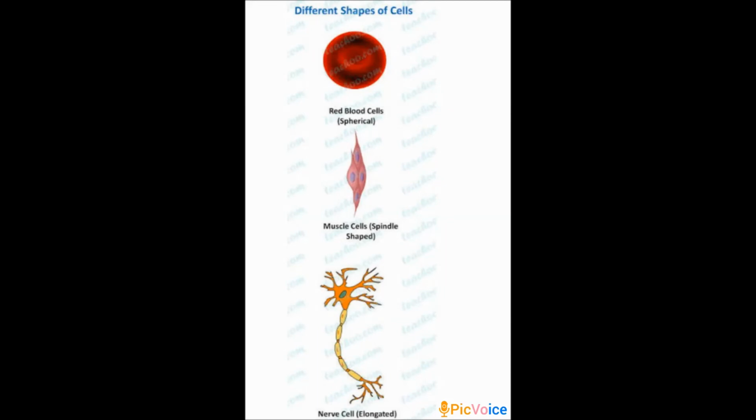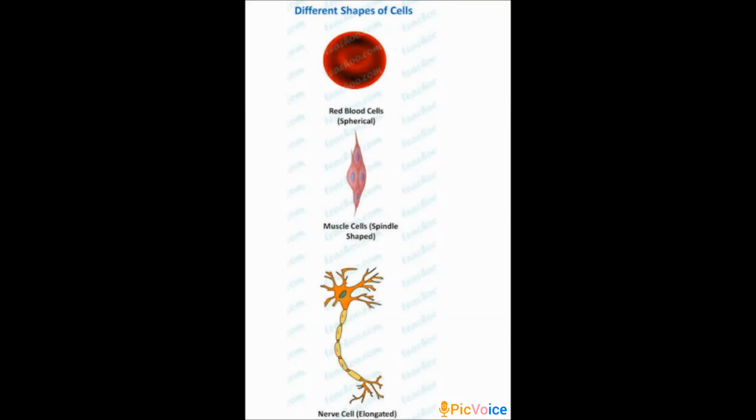Next we are going to learn about the shape of the cell. The next topic is shape of the cell. In the previous slide, what do you observe? You may see amoeba and paramecium. How do you define the shape of amoeba?